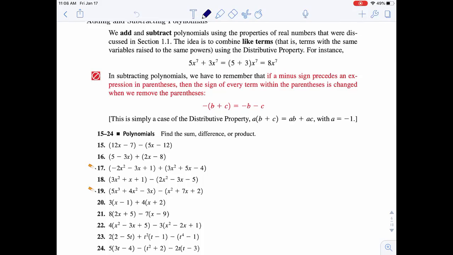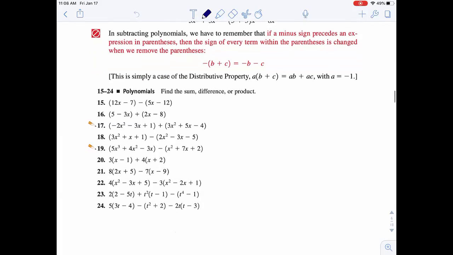And so if we're going to work on a problem, let's do 22. I don't know. Right, so the question says, find the sum, difference, or product.